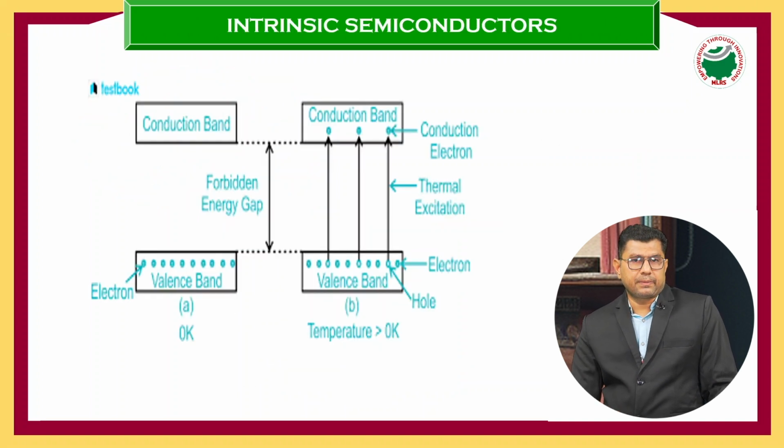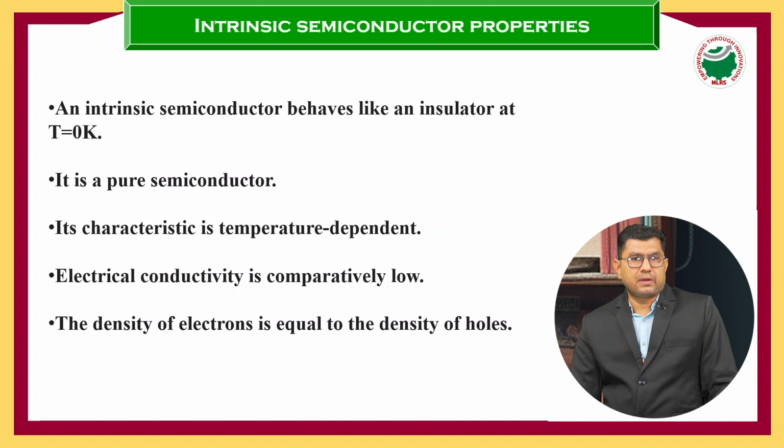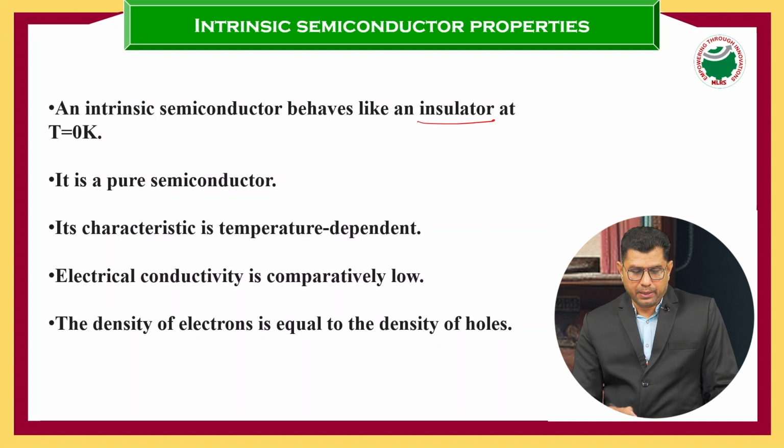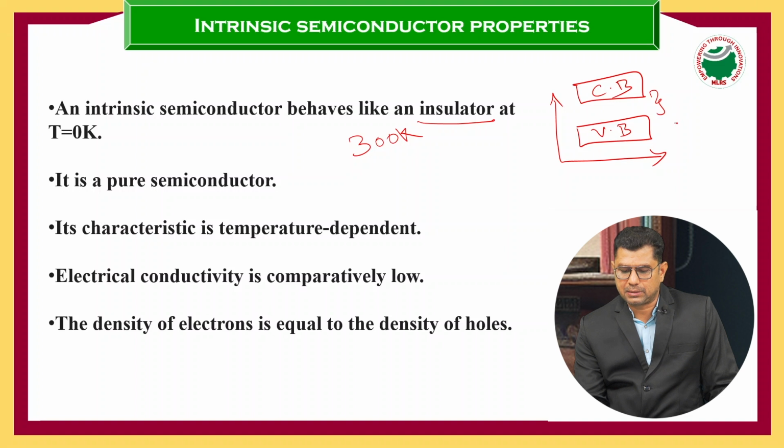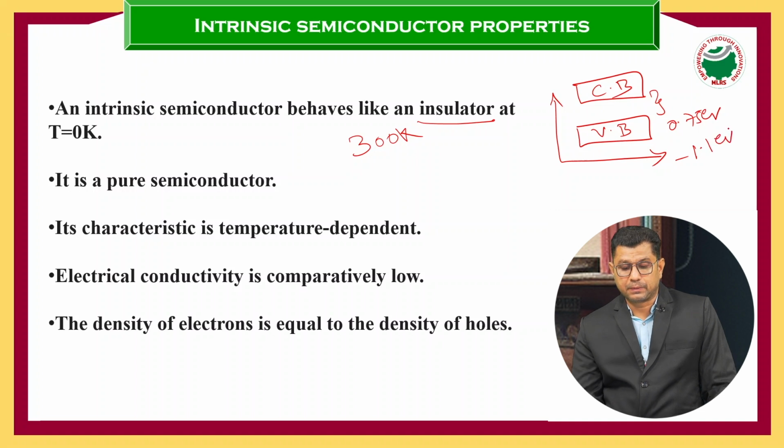Now the main properties of an intrinsic semiconductor: it behaves like an insulator at 0 Kelvin. But at room temperature, approximately 300 Kelvin, the valency band electrons can be excited to the conduction band, because the energy gap varies from 0.75 electron volts to 1.1 electron volts.